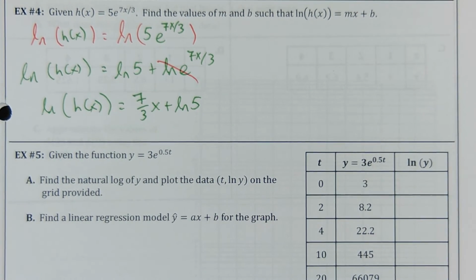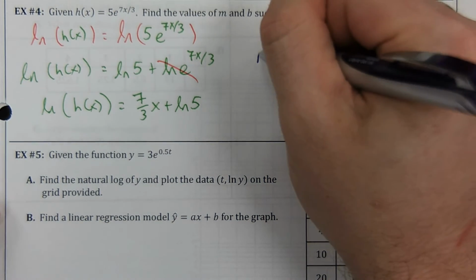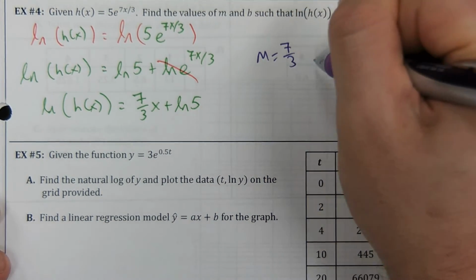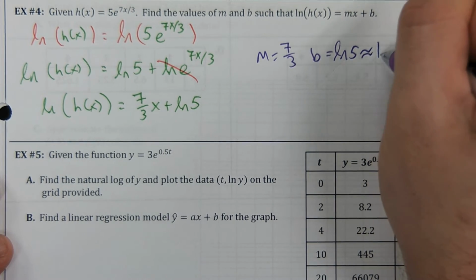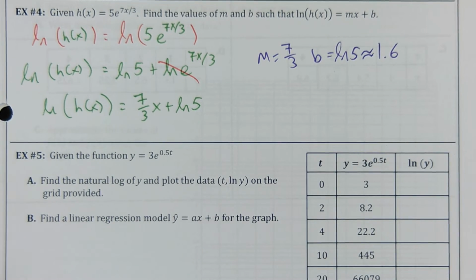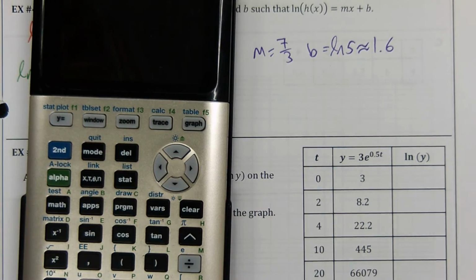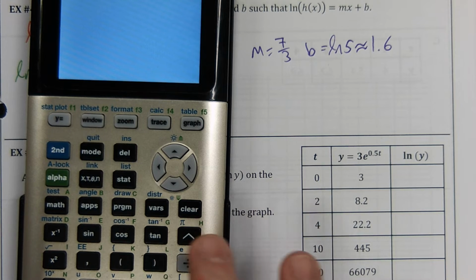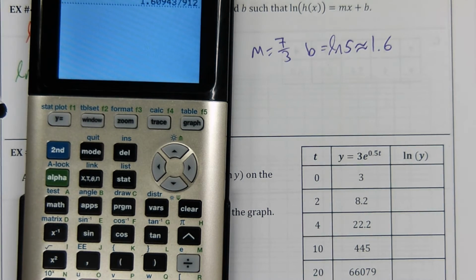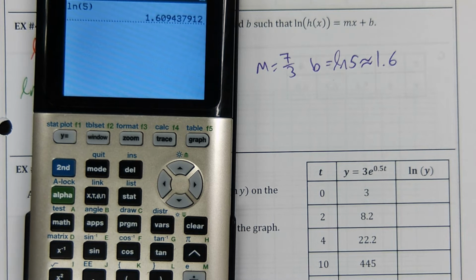So if you wanted to identify them, you can say that m is 7 over 3, and b is the natural log of 5, which is about 1.6-ish. I think. Pretty sure it's 1.6. Is it? Yeah, it's about 1.61.